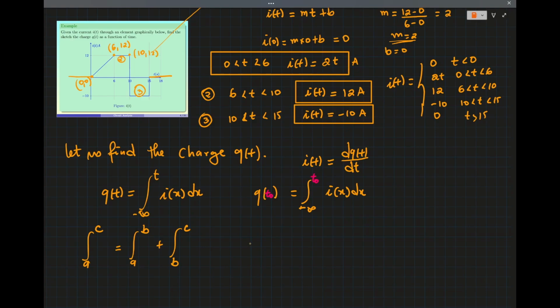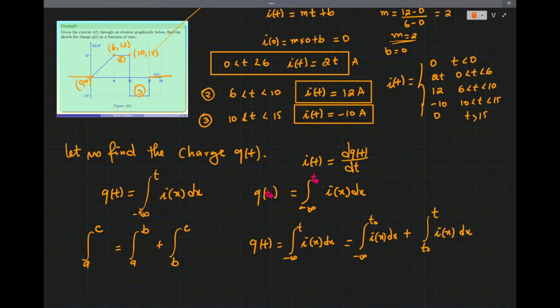So if you agree with me, I can write q of t, which is the integral from negative infinity to t of I of x dx, as the integral from negative infinity to t0, I'm going to introduce t0 there, of I of x dx, plus the integral from t0 to t of I of x dx.